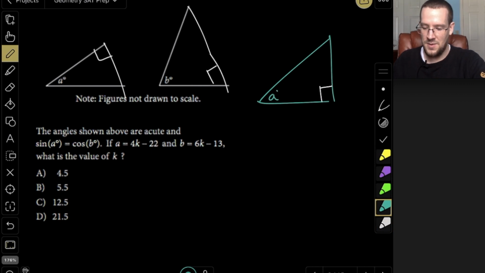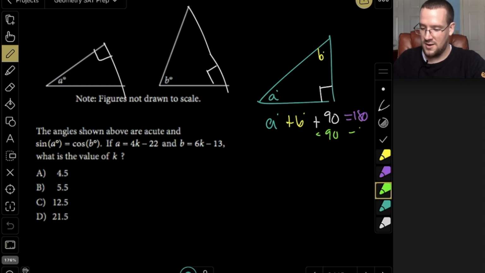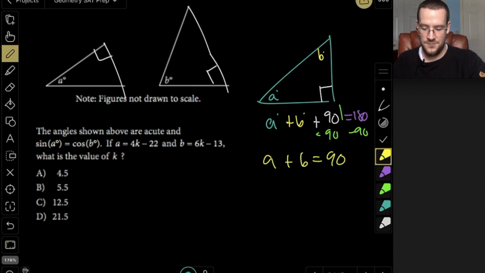So A will be in this corner, and B will be in this corner, and so I know that A plus B plus 90 is going to be equal to 180, because these are all three angles of a triangle. So let's subtract 90 from both sides and see what we have.